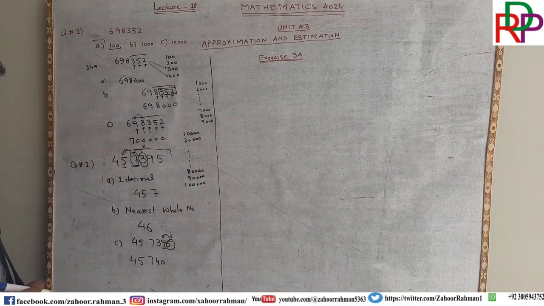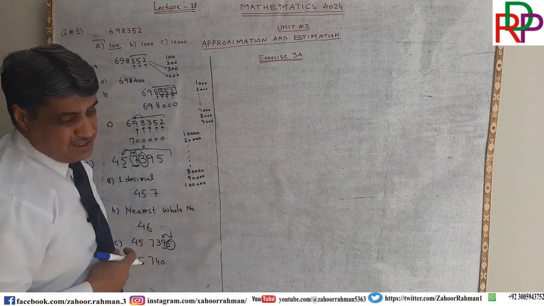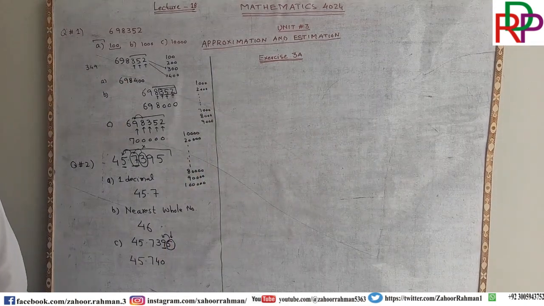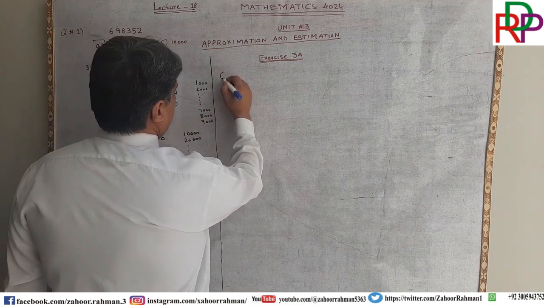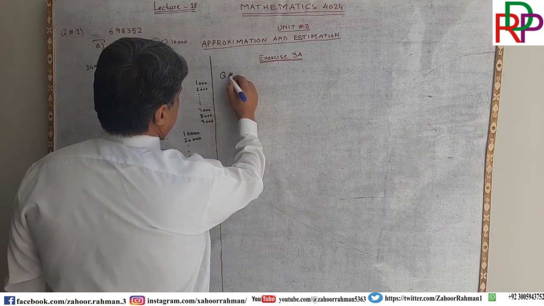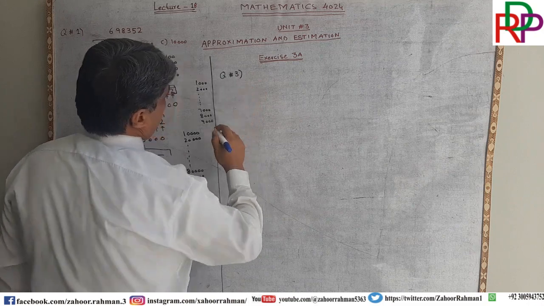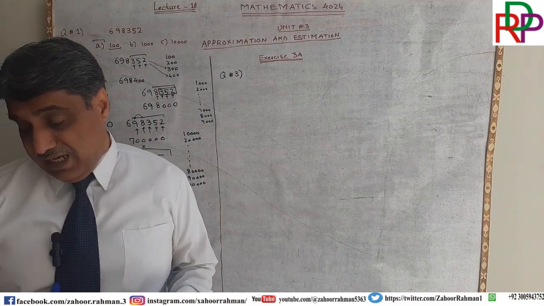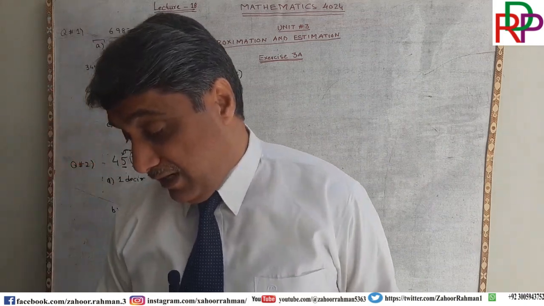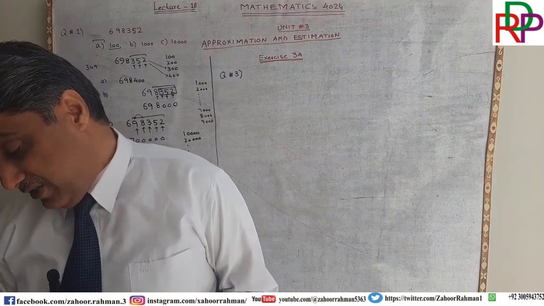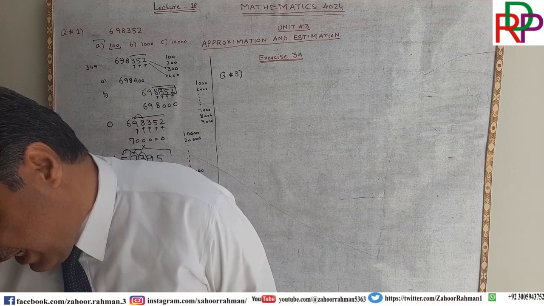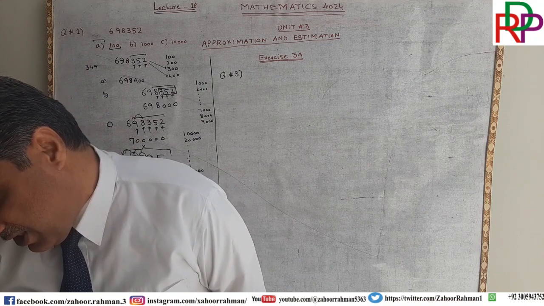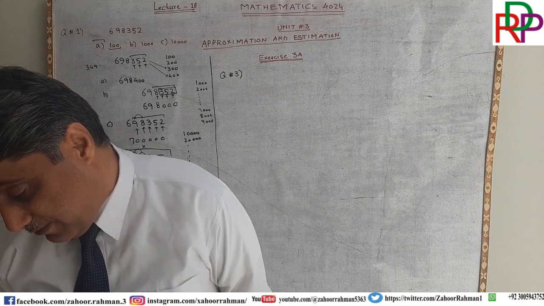Now we are going to turn our focus to question number 3, which is an intermediate level question. The dimensions of a rectangular plot of land are 28.3 meter by 53.7 meter.